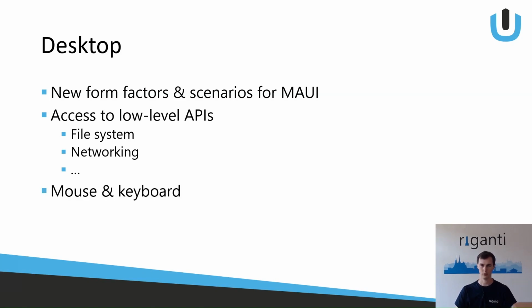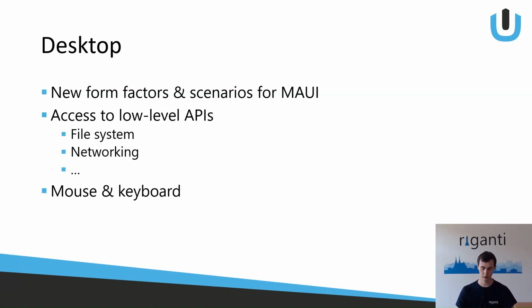But what drives us in terms of UI is that we have access to stuff like mouse and keyboard. And different pointers in terms of development of the applications, smaller targets that we can hit with mouses rather than with fingers. And we have stuff like context menus, we have stuff like right clicks and so on.